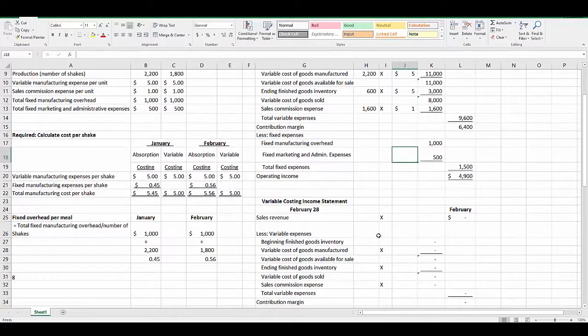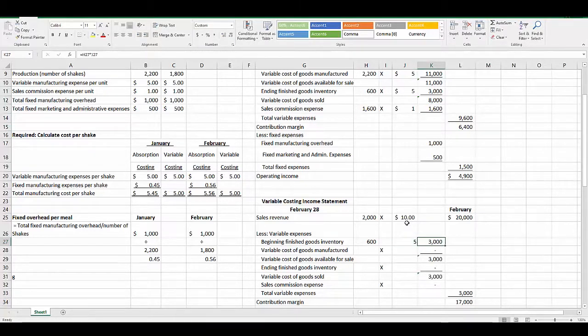So we are told in the problem that we sold 2,000 units in the month of February, and they are selling for $10 each. So that's $20,000. Our beginning finished goods is 600. Your beginning finished is going to be the same as your ending finished in the previous month. And the value of those, in terms of what it costs to make them, is $5.